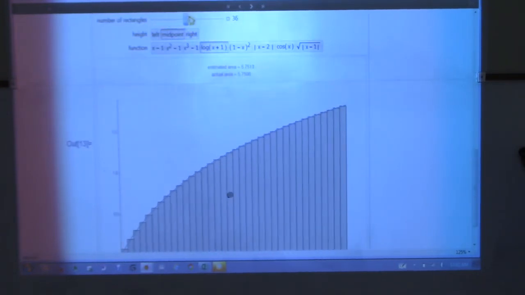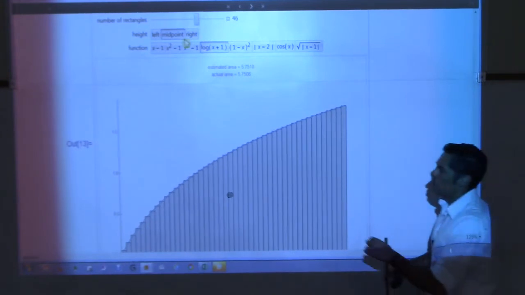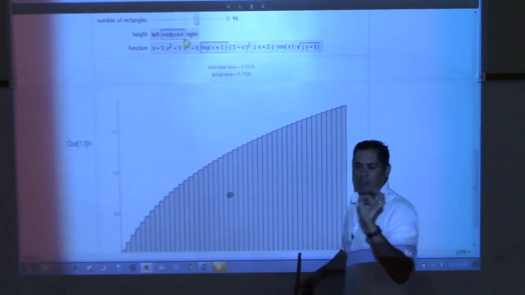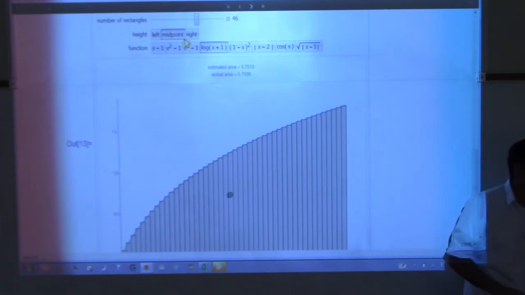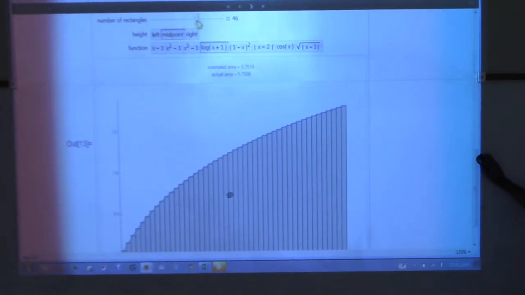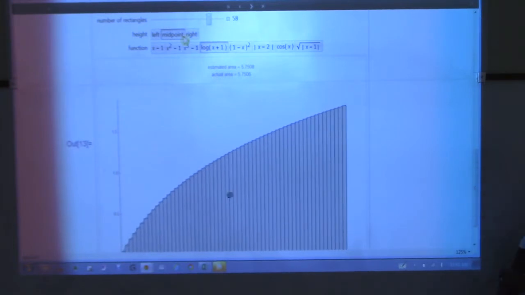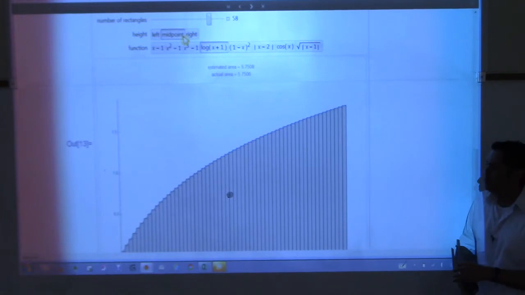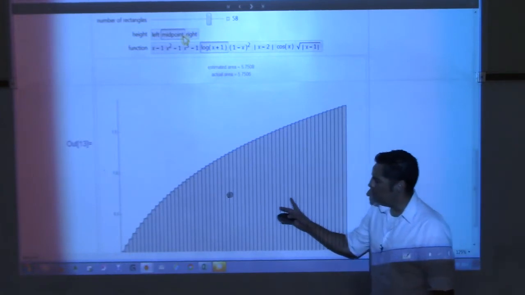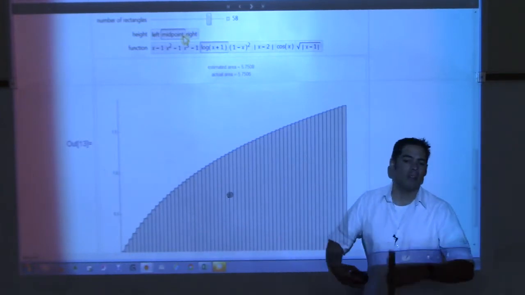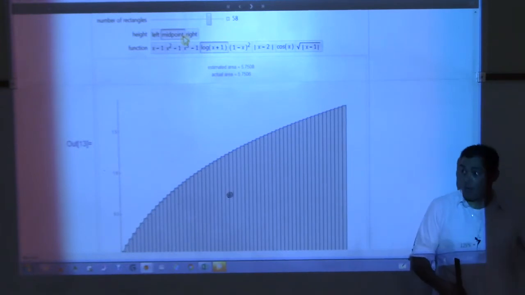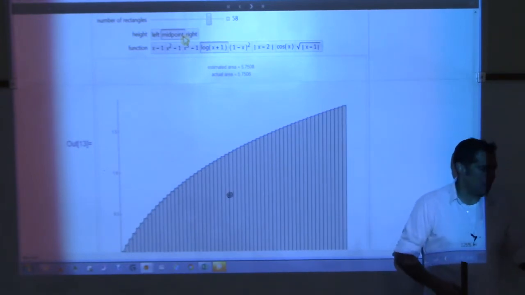And if you have more and more rectangles, then you're reducing all those little gaps. You're creating less and less error. And if you could somehow let the number of rectangles go to infinity, then the answer would converge towards the true actual area. When you take all these rectangles and come up with a formula that gives you the sum of those, it's called a Riemann sum.